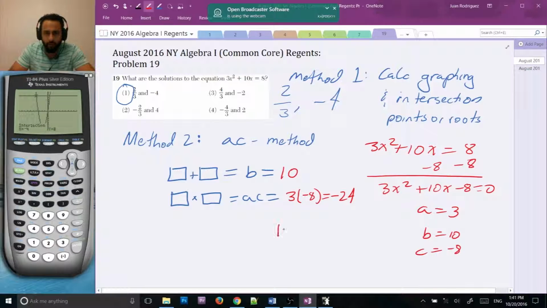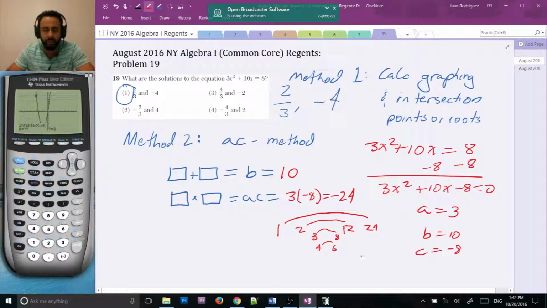So 1 is a factor pair with 24. 2 is a factor pair with 12. 2 times 12 is 24. 3 is a factor pair with 8. 3 times 8 is 24. 4 is a factor pair with 6. 5 is not a factor of 24. 6 is already on the list, so this is the entire list of factor pairs whose product is 24 and whose values are integers.